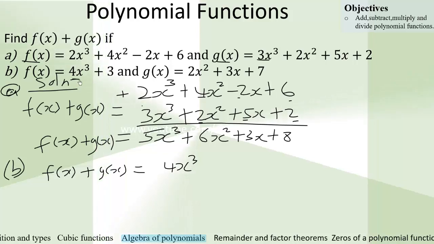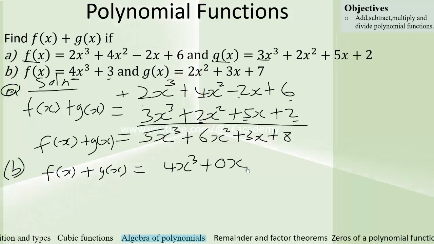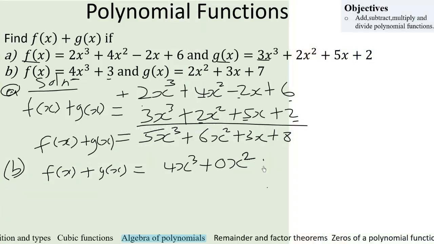So from 4x cubed, we have to get something x squared and something x before we come to 3. Because they are not there, they are missing, we use 0 to replace their coefficient. It means that their coefficients were 0. So plus 0x squared, then plus 0x, then plus 3.